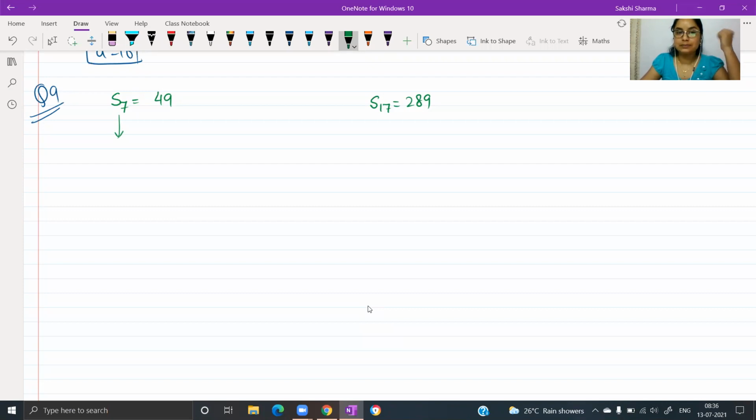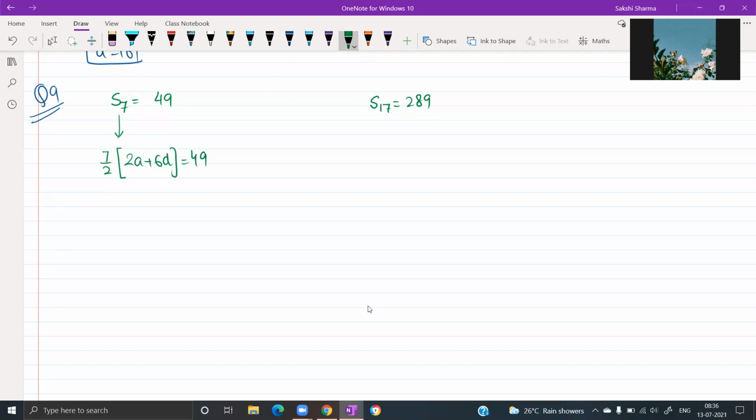Anupama, can you help me write the formula for S7? N by 2. Can you just put the values, like what is the value of n after replacing? 7 by 2 into 2a plus 6d is equals to 49.